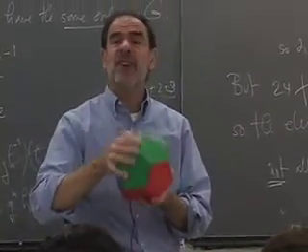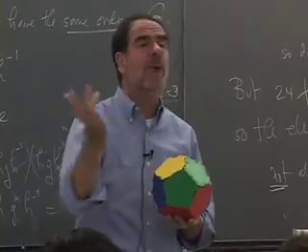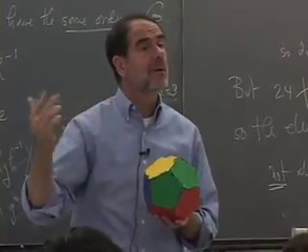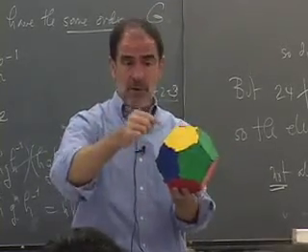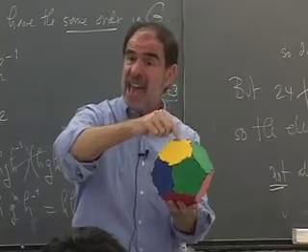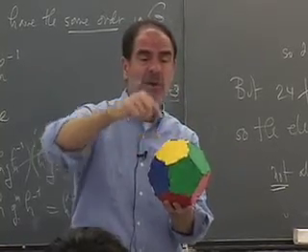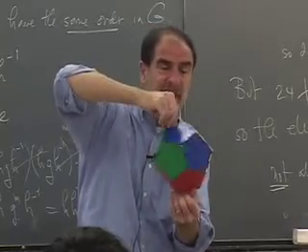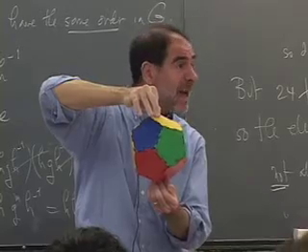Remember, these are the things fixing an edge, right? And the edges are permuted how by the group? Transitively. So if I could find an element in the group that took this edge to this edge, and I can, it seems reasonable that that element would conjugate the rotation fixing this edge to the rotation fixing this edge. And in fact, that happens.